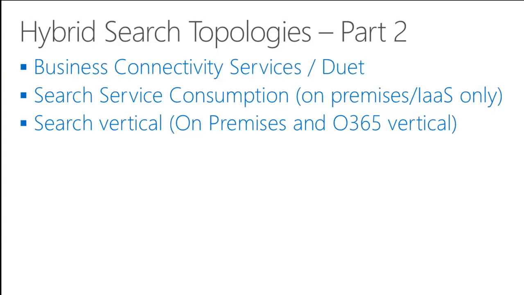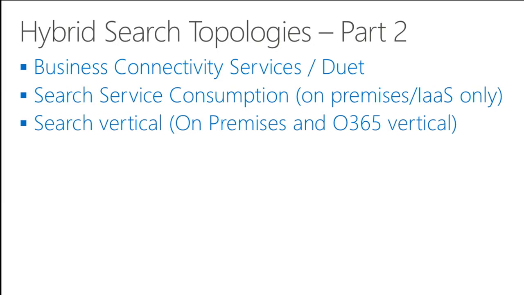The other search vertical scenario is what they do with the OneDrive Professional, where they bring the results in, they federate them in the result block there at the tab, and you can see them there, and it brings it in from the external source. So it looks like a vertical, and it looks like it's local, but it's actually bringing it in from a remote location. A little confusing to explain, but we'll demo it and hopefully it makes a little bit more sense.